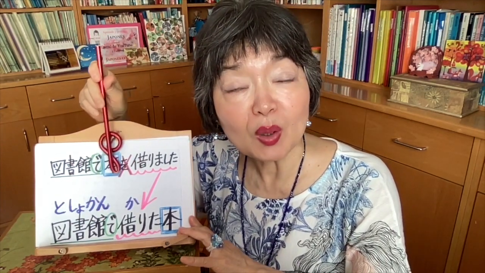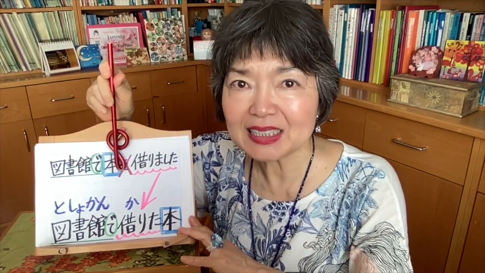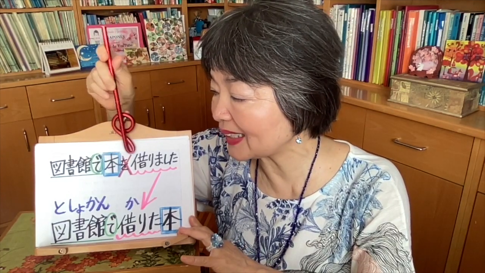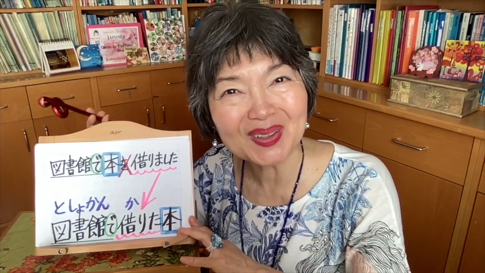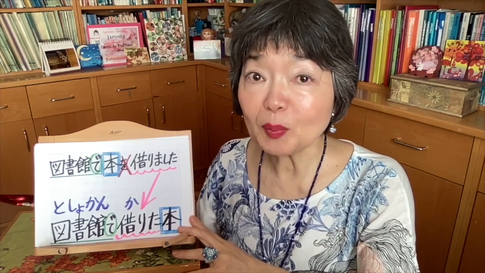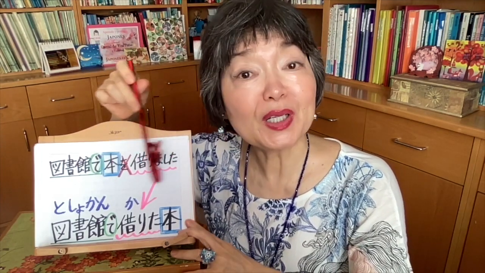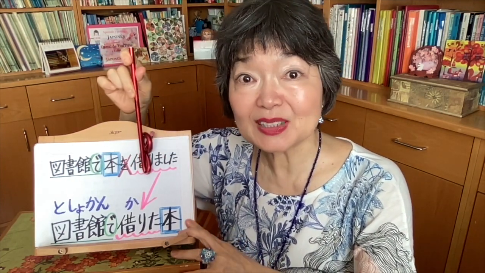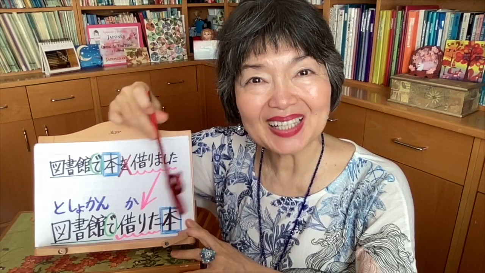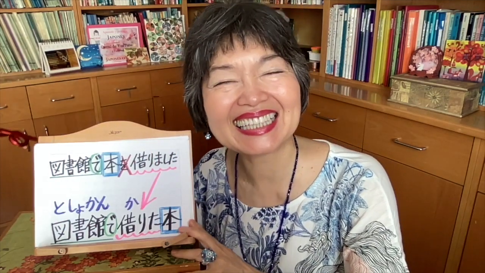The particle を disappears because 本を is together with 本. And the book that I borrowed from the library: the word 借りました becomes the plain form 借りた本. So 図書館で借りた本.